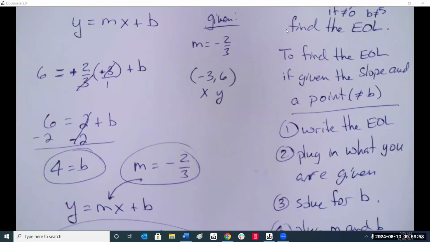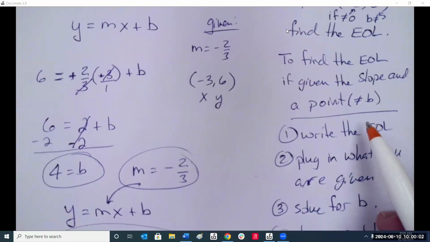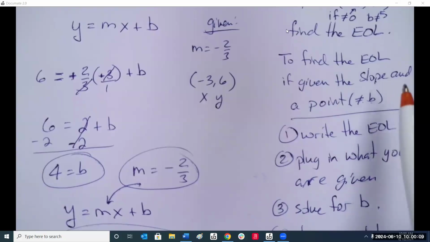You got a question? So if we're given a slope and a point that's not the y-intercept, then we have to find the y-intercept.